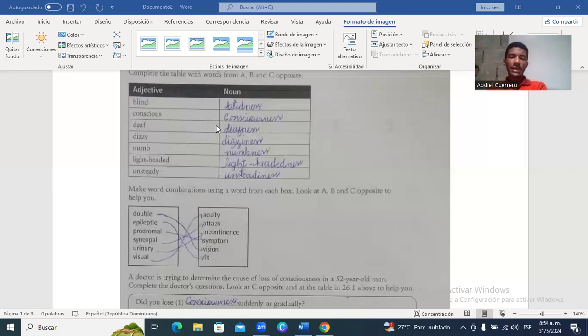Complete the sentence. Look at A, B, and C opposite and at the table in 27.1 above to help you. A flaccid hand hangs limply to form a right angle with the wrist. Brisk reflexes are reflexes that are stronger than normal. Muscle wasting means the muscle is reduced in bulk.